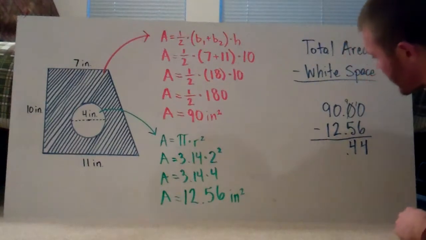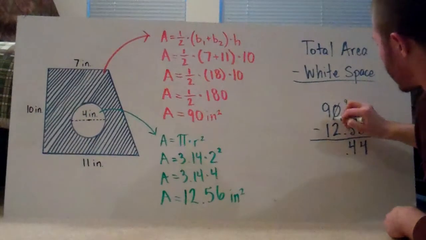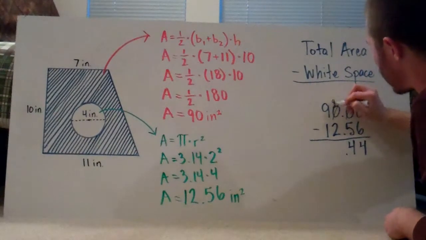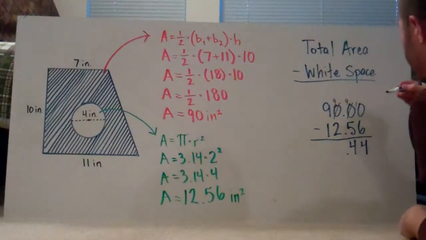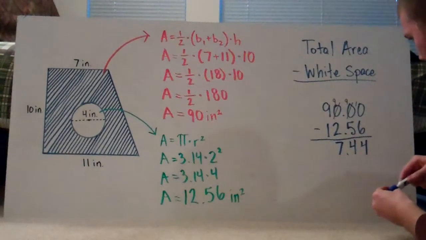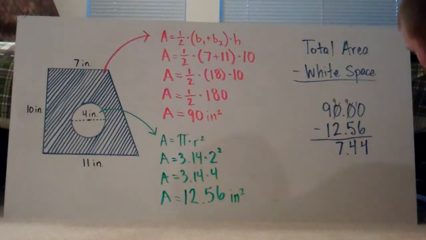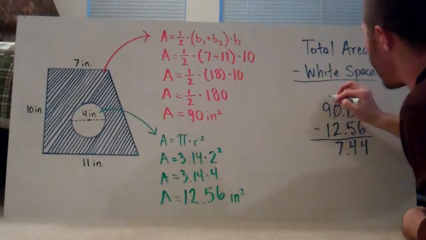Next step, turn this into a 9. I had to borrow from this. Make that a 9. 9 minus 2 is 7. And because I borrowed here, I had to take away from the 9, which means this is 8.